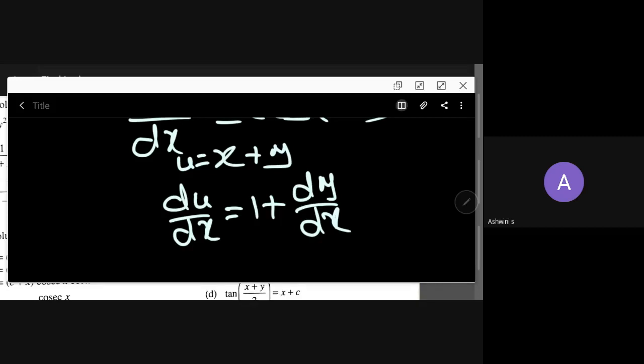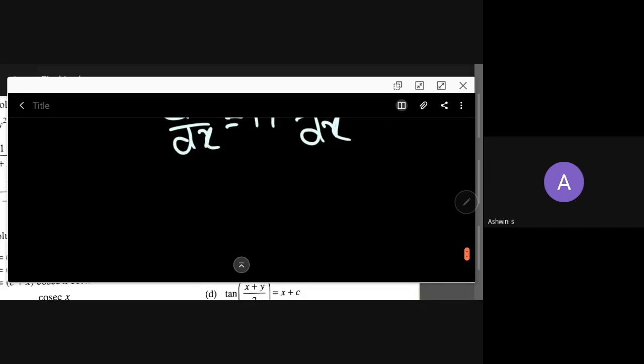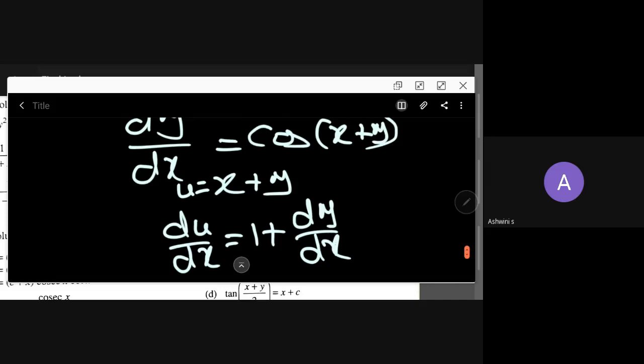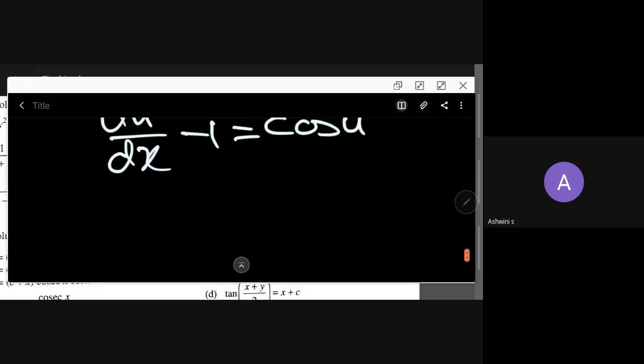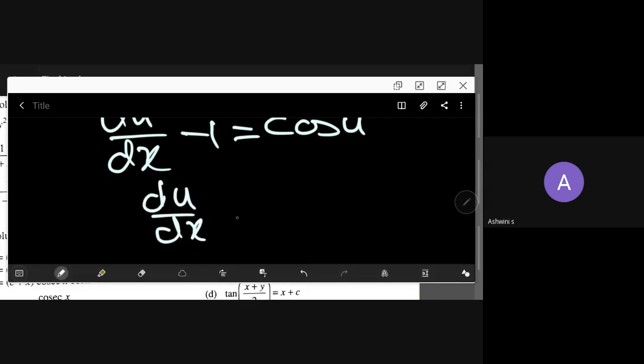So du dx minus 1 is equal to cos u. So du dx is 1 plus cos u.